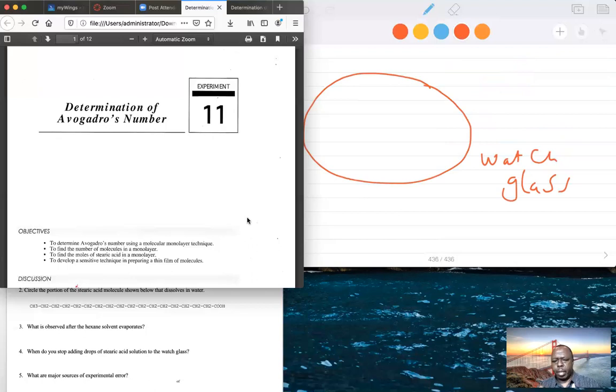The first thing is to find the number of molecules in a monolayer. That means having one layer of stearic acid, so that if we know the number of molecules, we divide by the number of moles of stearic acid, and then we have the value for Avogadro number.